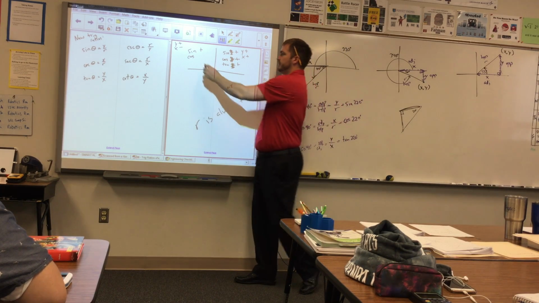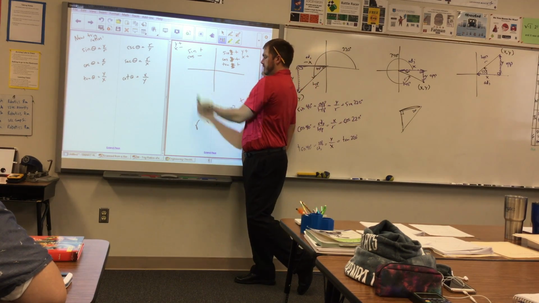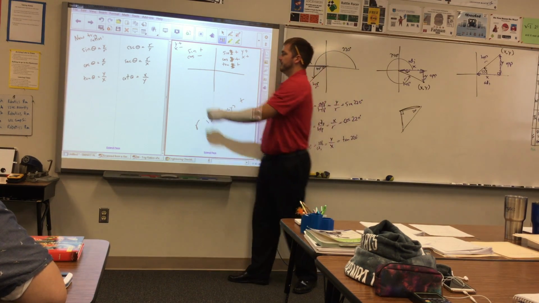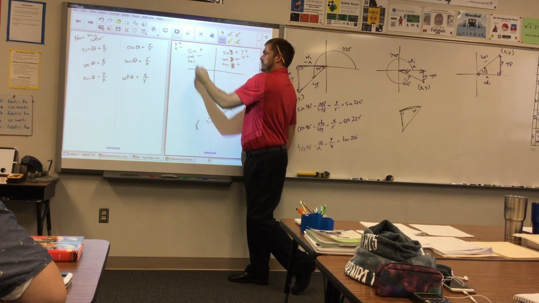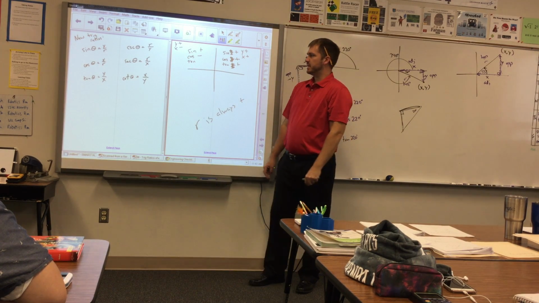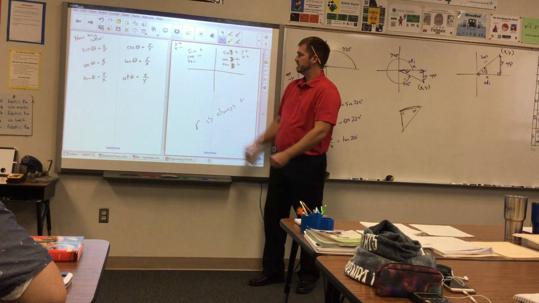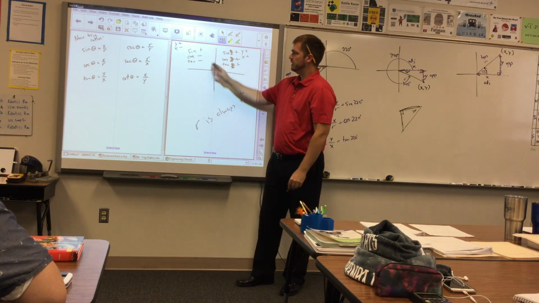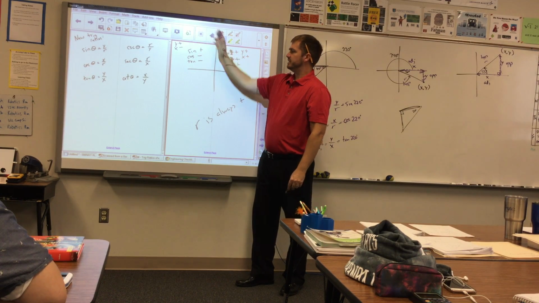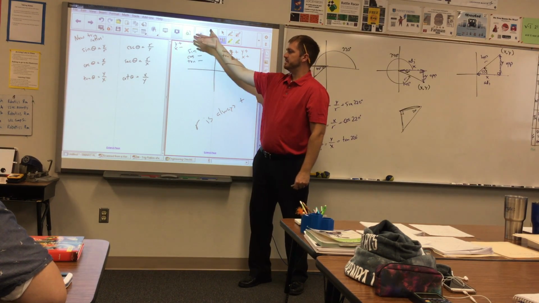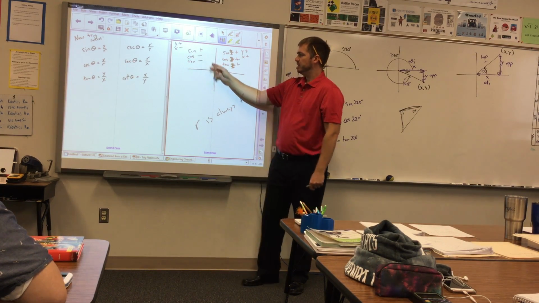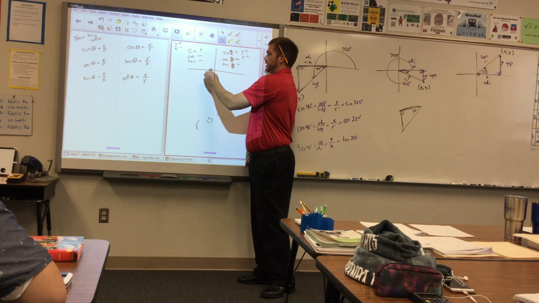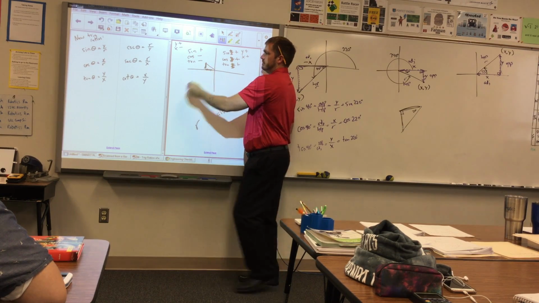X over r, so it's going to be negative. X is negative, r is always positive. What about the tangent in the second quadrant? It's going to be negative, that's right, because the y is positive, but the x is negative. So you have a positive divided by a negative number whenever you do this. Something would be like a positive number here divided by a negative number there. Don't draw that.